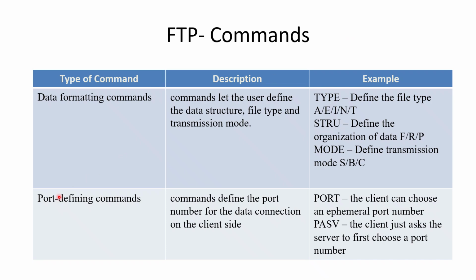Port defining commands, on the other hand, are used to set up the communication pathway for the data connection. These commands specify the port number and network address where the client or server will send or receive the actual file data.